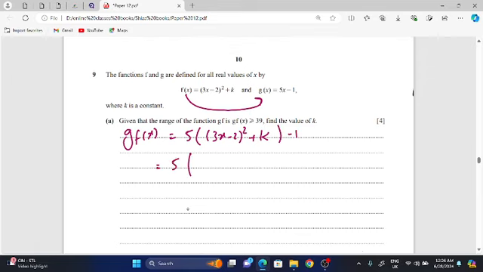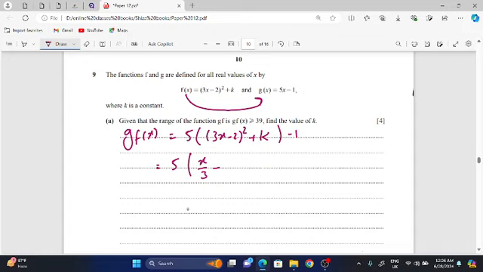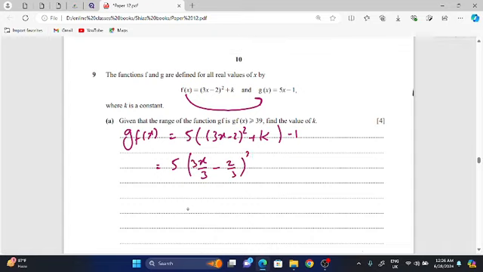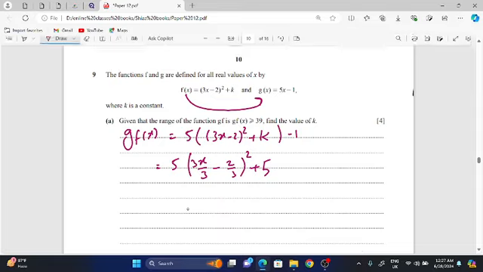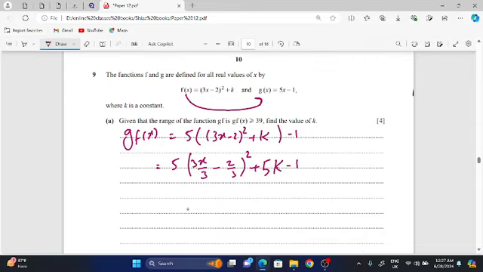This is a quadratic expression, so I can divide by 3 in order to make the coefficient of x as 1. So that becomes (x by 3 minus 2 by 3) whole square plus some constant, 5k minus 1.